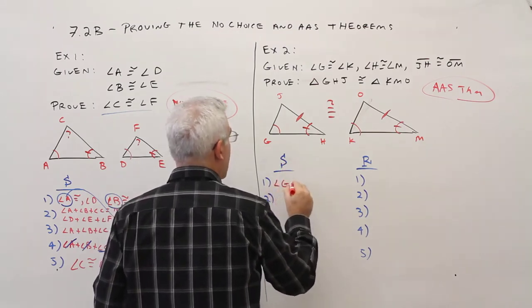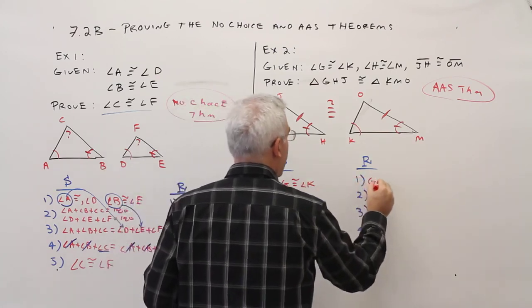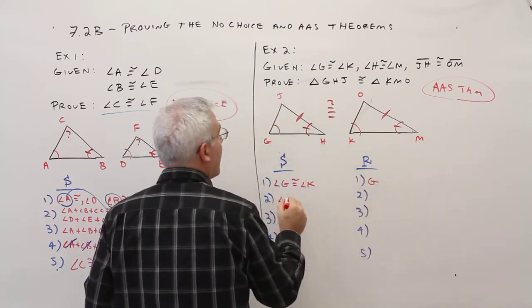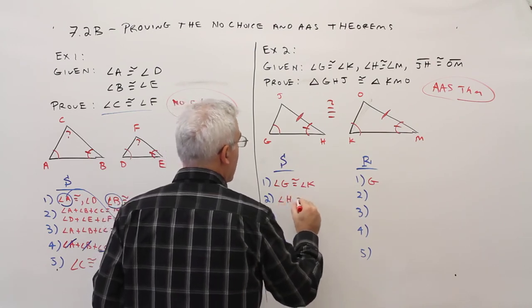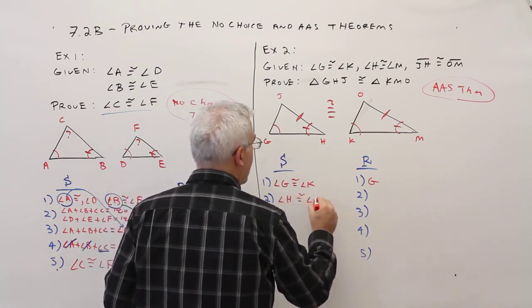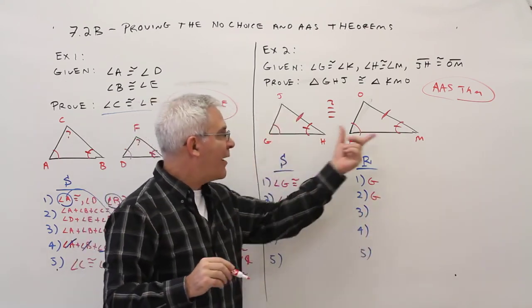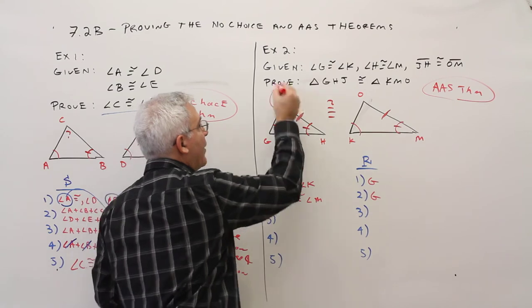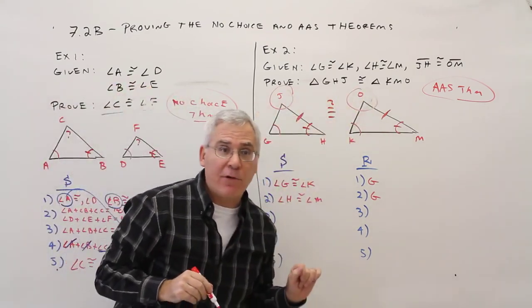Angle G congruent to angle K, given. Angle H congruent to angle M, given. Based on those two angles and those two angles, I can then use the no choice theorem to get those angles congruent.